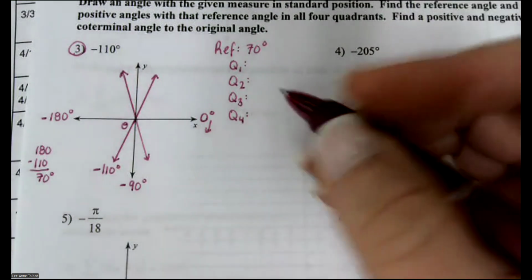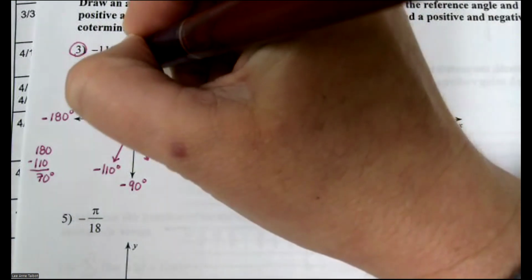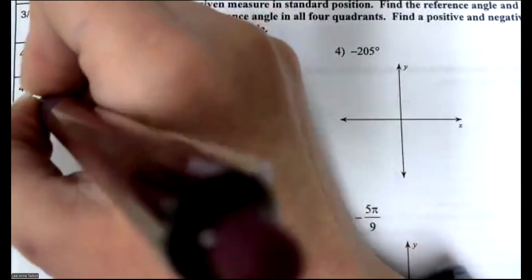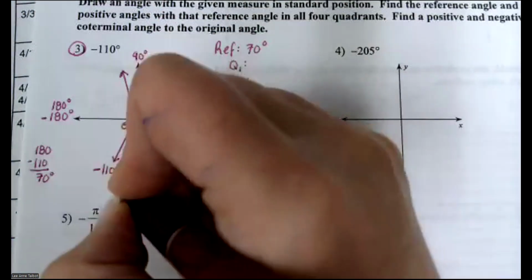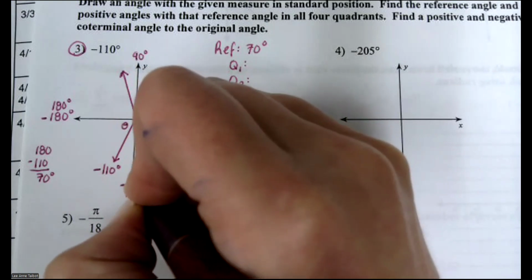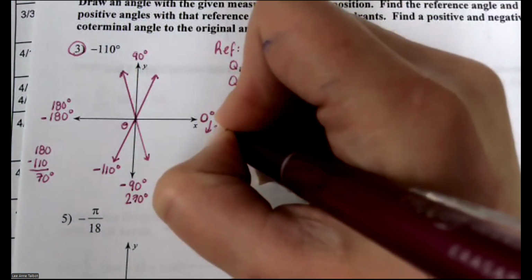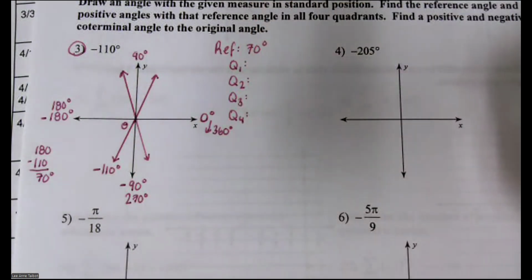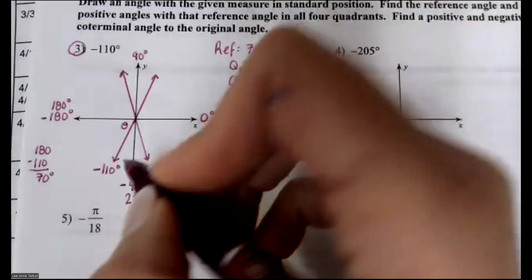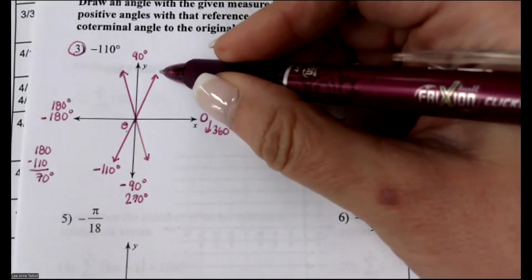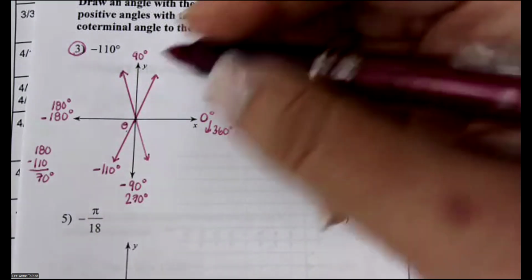And this is why we use the word coterminal. This is positive 90. This is also positive 180. Positive 270. Positive 360. It's also negative 360. Okay, so if this is 70, what's this? 70.